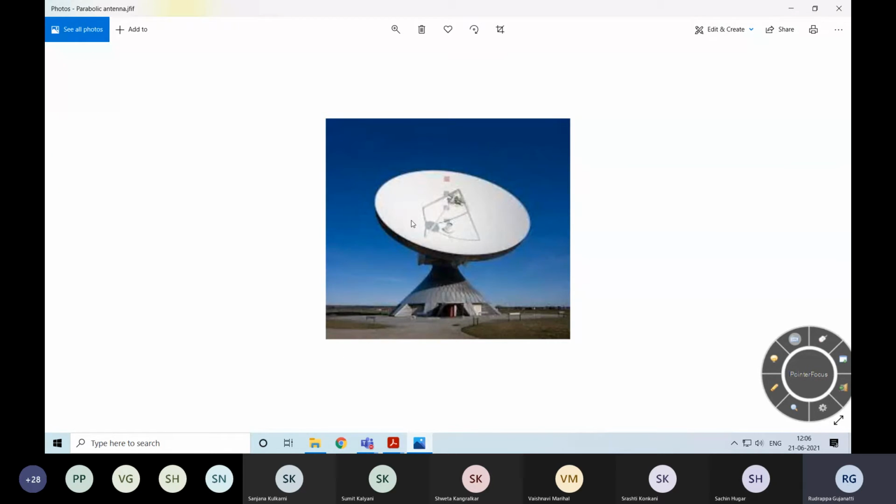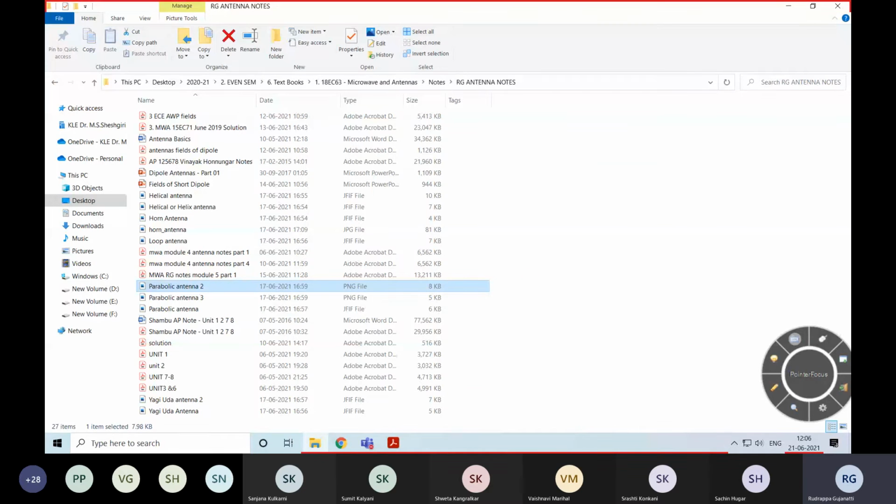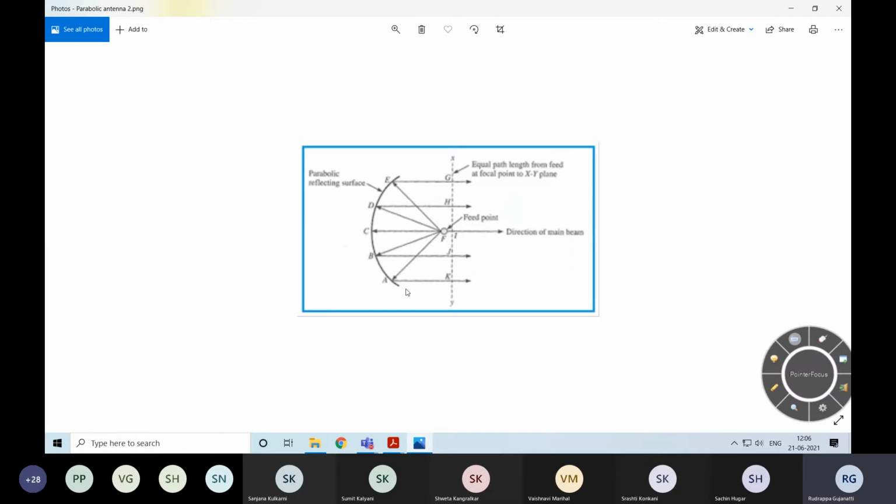A few things to note down: you have a concave kind of structure on which the radiations fall and those radiations are pointed towards the focal point, which is the feed point. The feeding element we saw is at this position. That is where the radio waves get accumulated; they join at the focal point.